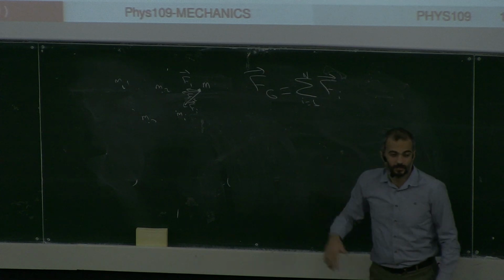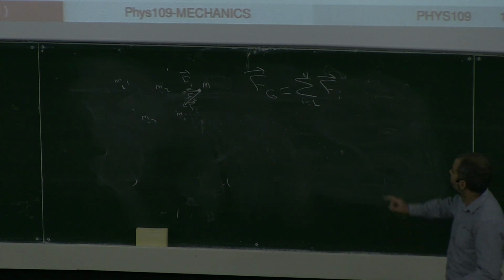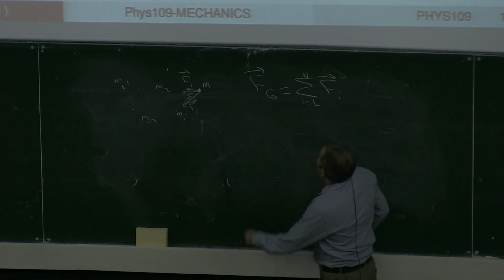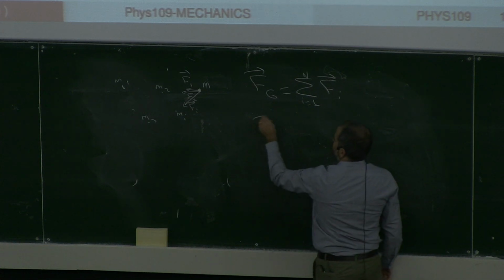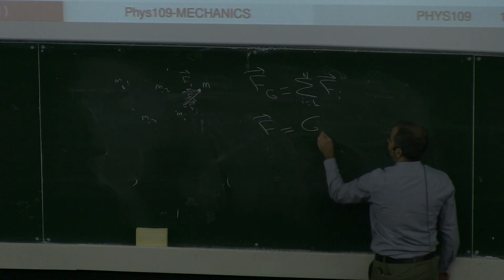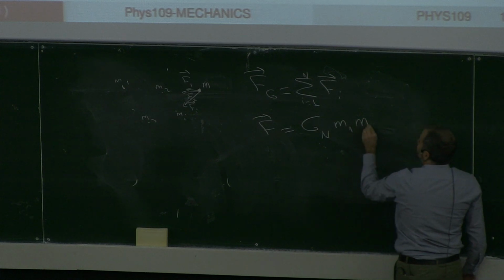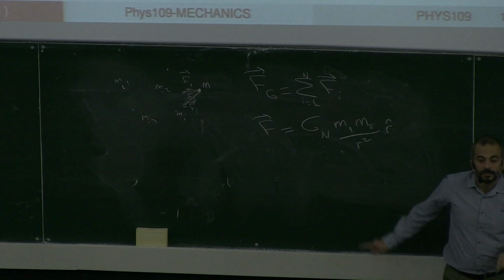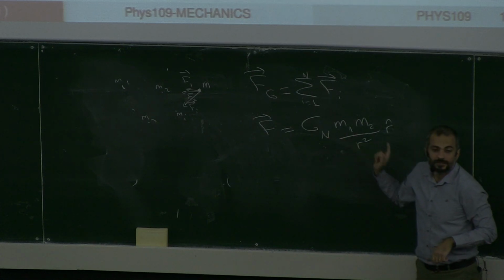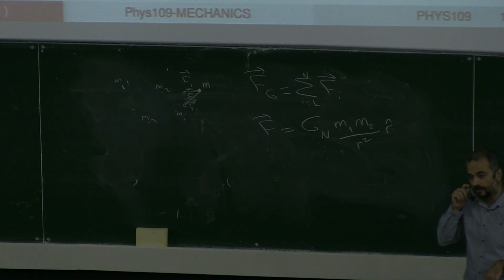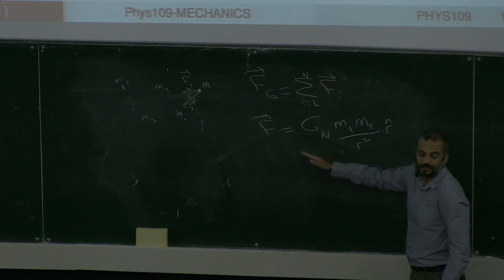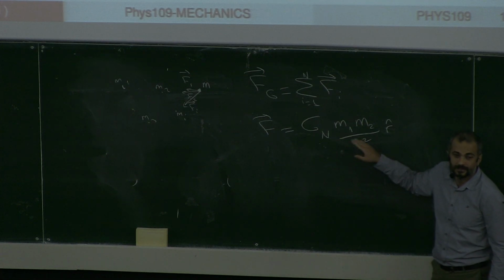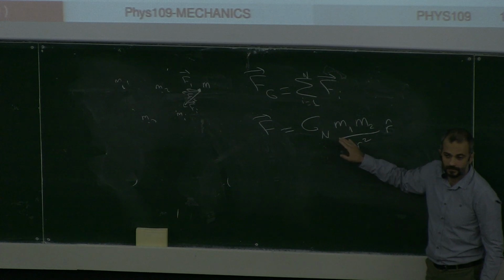Now, the reason why it doesn't work in general relativity is that if you consider the forces, the force is Newton's constant, M1, M2 divided by r squared in some direction. The force depends on the masses only. Now, in general relativity, this gravitational attraction is not created by the masses, it is created by the energy of the system.